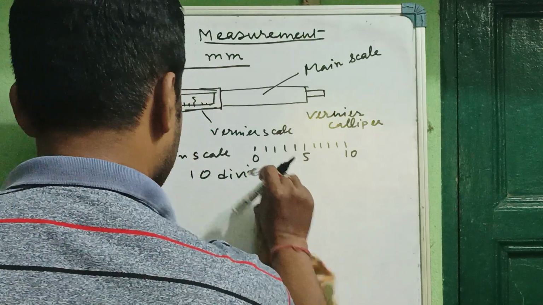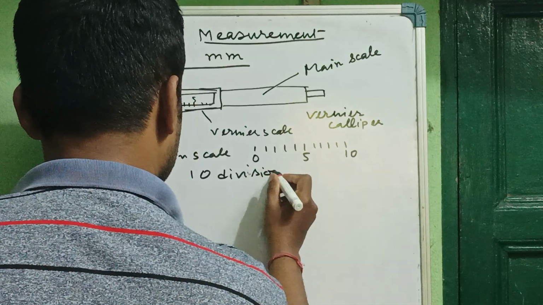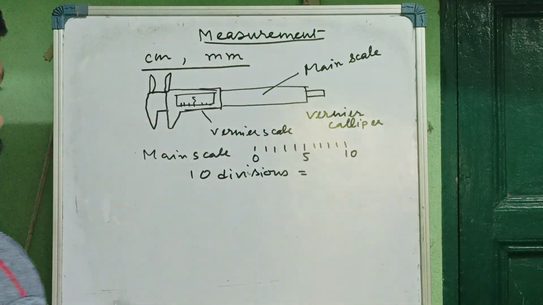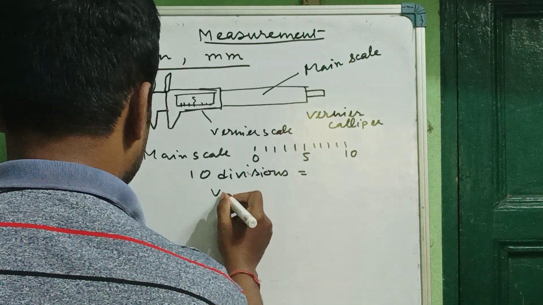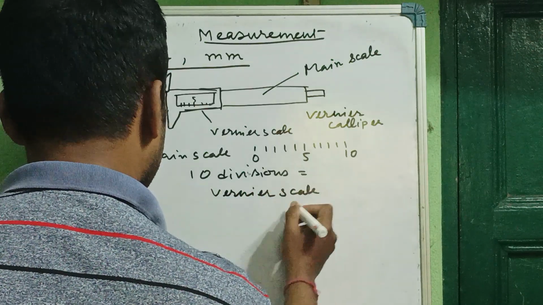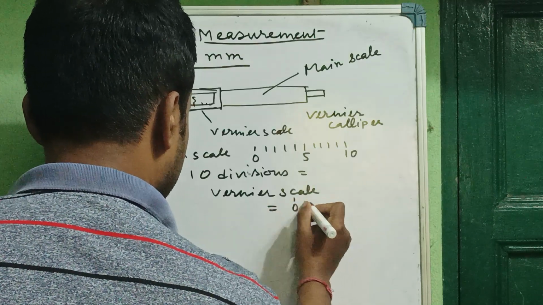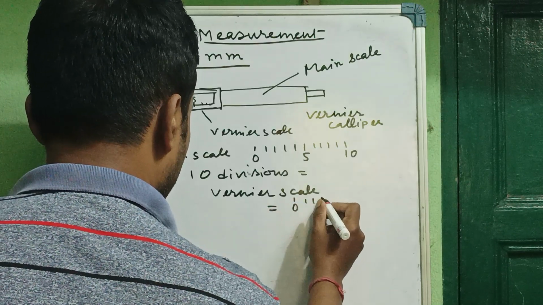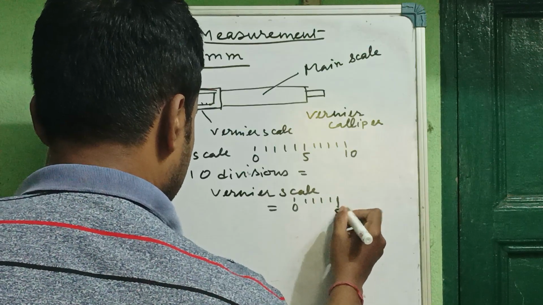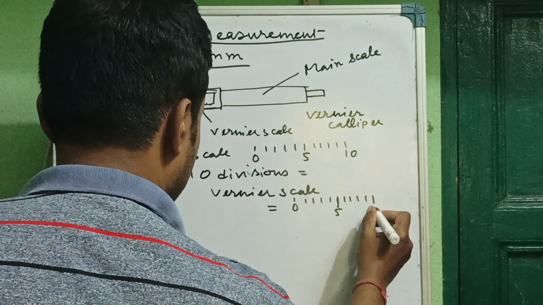And the Vernier scale is 0, then 1, 2, 3, 4, 5, 1, 2, 3, 4, 5, that's 10.